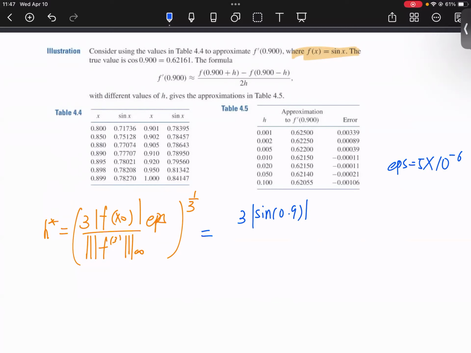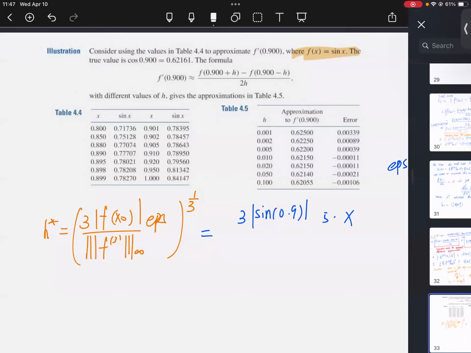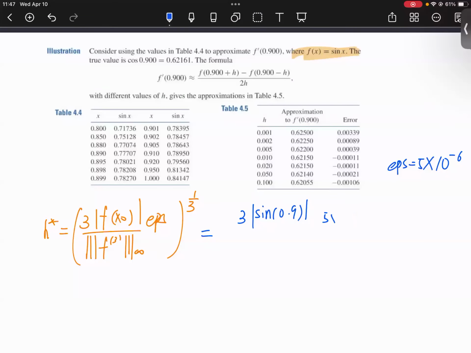Let's keep going. That is 5 times 10 to the negative 6. And what is the infinity norm of the third derivative?